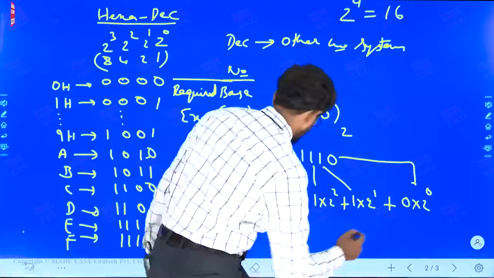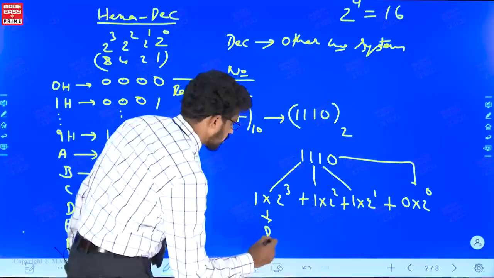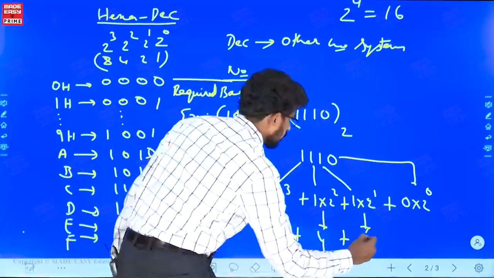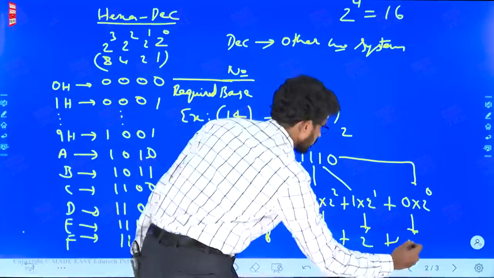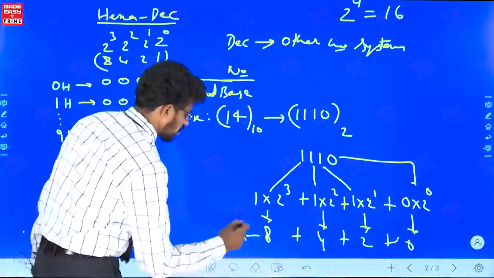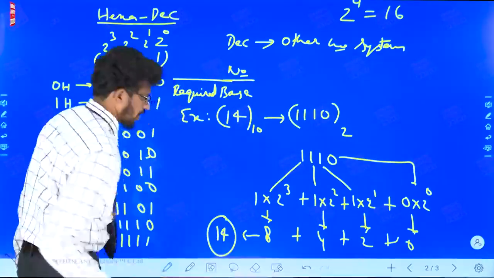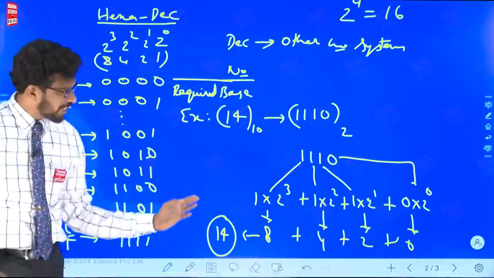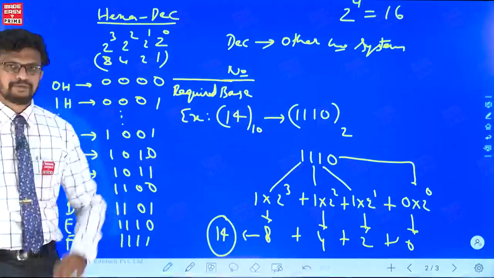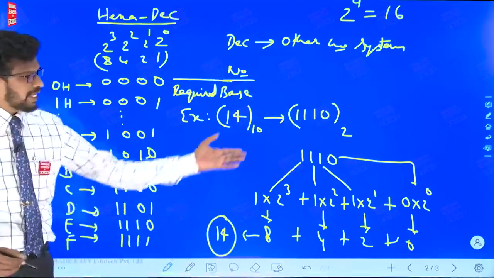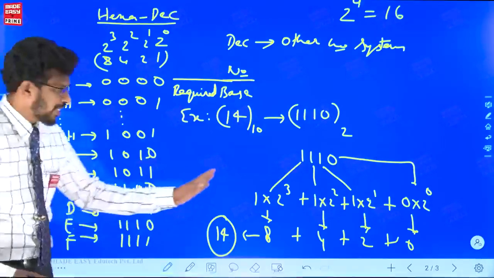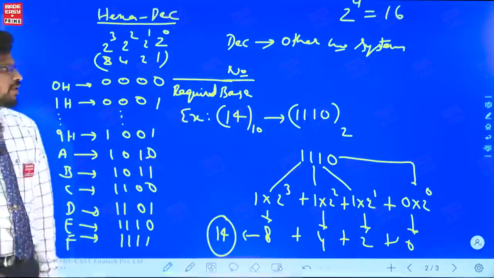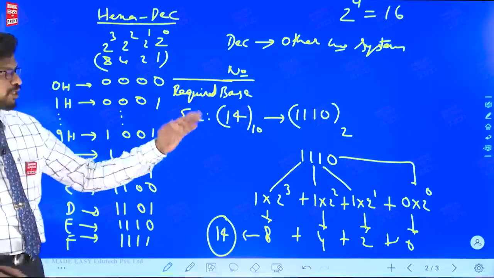So you get 8 plus 4 plus 2 plus 0. If you add all these, you get 14 again. So this is how we can convert from decimal to another system by simply dividing and considering the remainders. Similarly, back to decimal from binary, you have to multiply the digits with the corresponding weights.